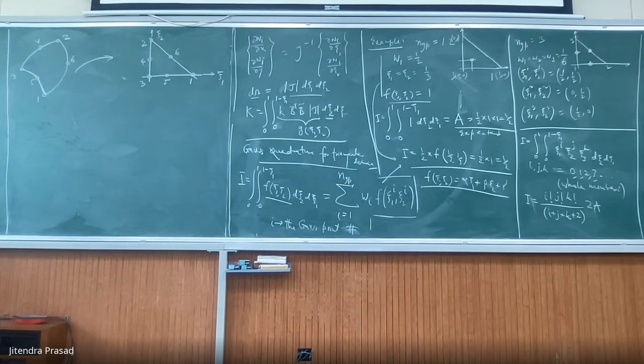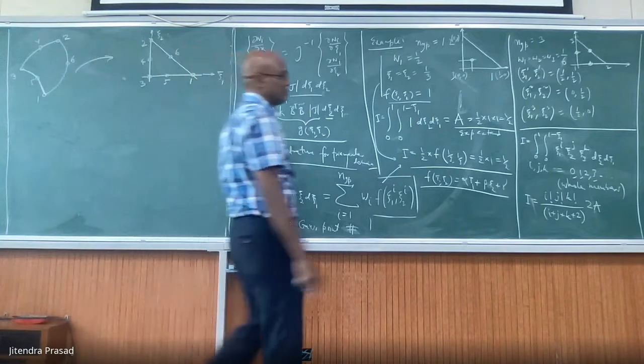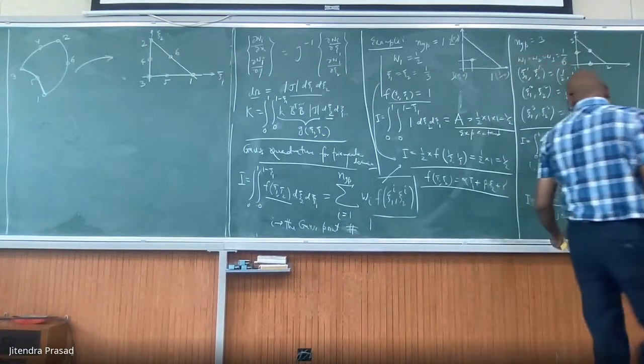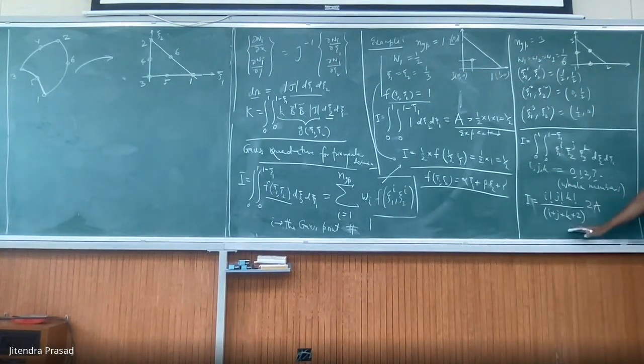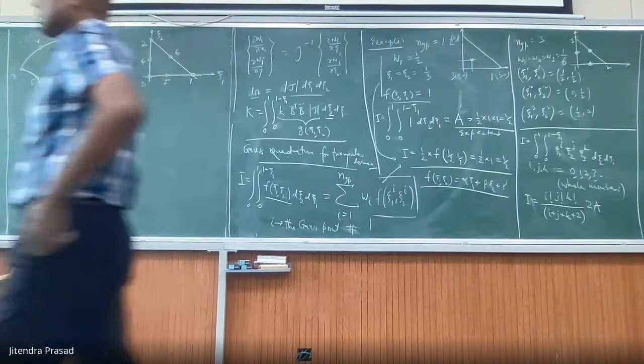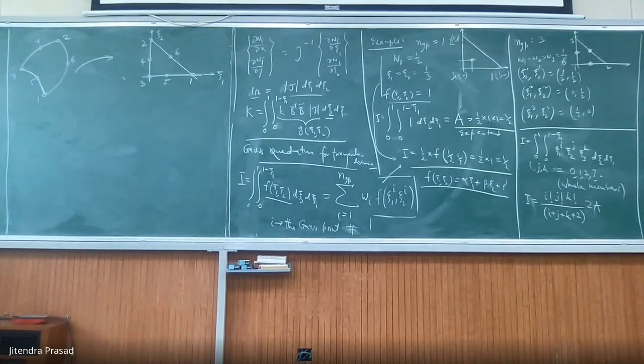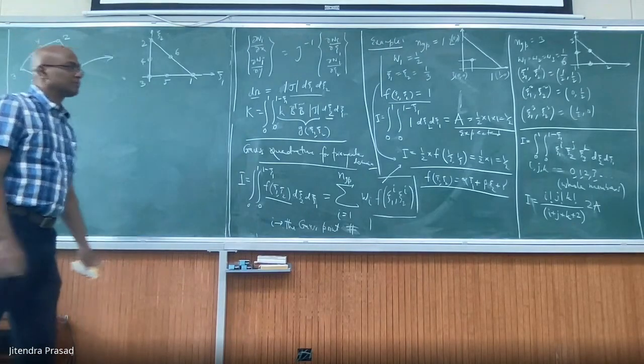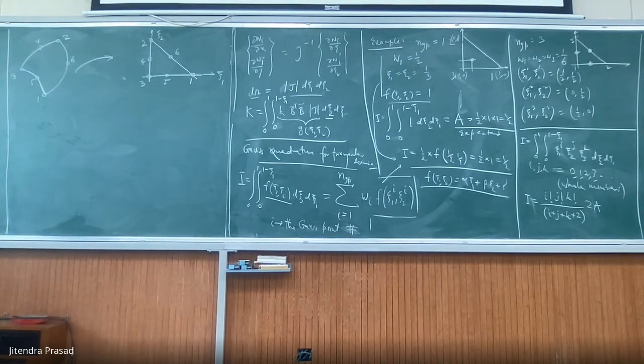So 0 factorial, 0 factorial, 0 factorial divided by 2 factorial, multiplied by 2 times the area. Any questions, guys?